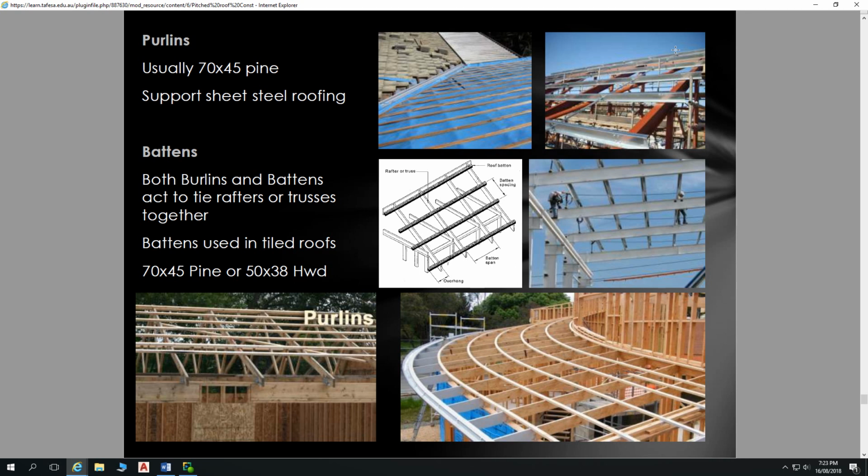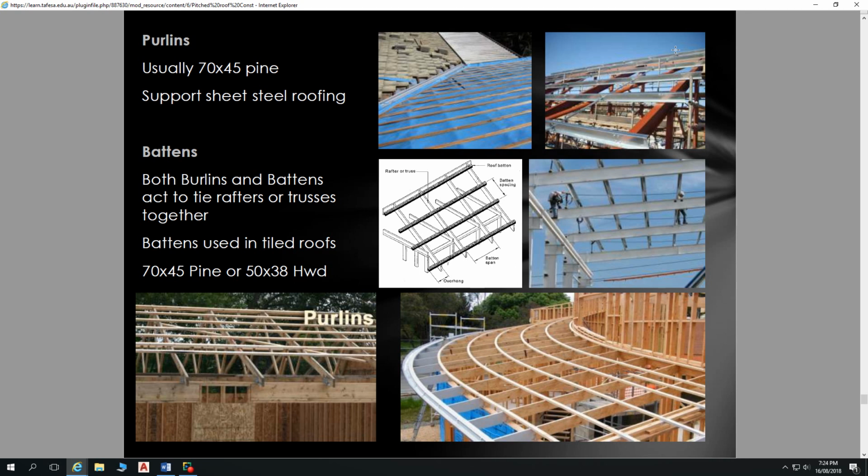So with timber, if the purlins are tall, so more than I think 4 times, if the height is more than 4 times the width, then you need to support those purlins with little gussets in behind there as well to stop the overturning of those purlins. So typically on a timber framed roof, you're going to specify battens.